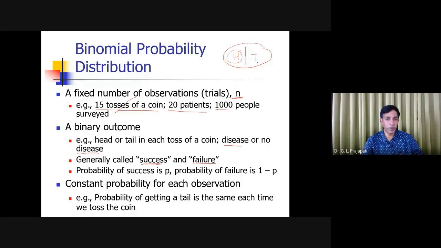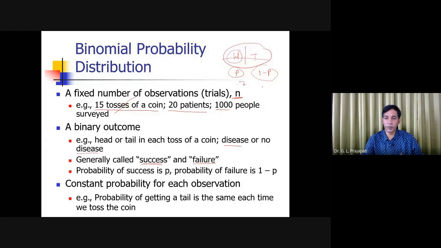If you denote the probability of success, coming head, by p, then the probability for the other is 1 minus p. For some other cases, if you know the probability is 0.7, then you can know the other part of the probability is 0.3.